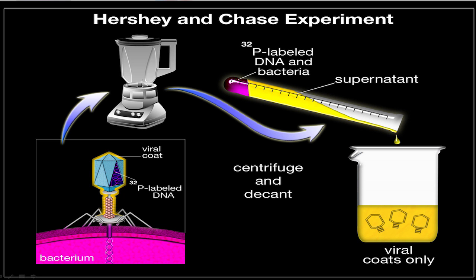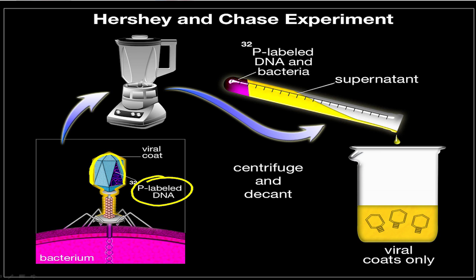Here's a flow chart of what they did. In this case, drawing it as if, the DNA here is labeled in purple, and the coat, just to keep track of the coat, is labeled in yellow.